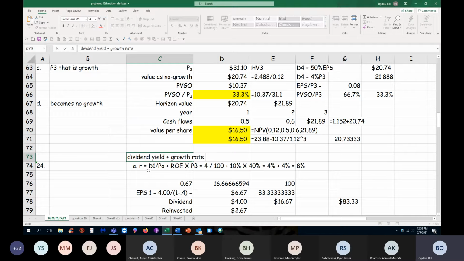Right? And so we have a D1 over P0. And then for the growth rate, we have ROE times, you know what, I have the plowback ratio here. I say PB, but in the notations that we've been using, this is just a small b, isn't it? So maybe I'll do that. Just try not to confuse anybody.